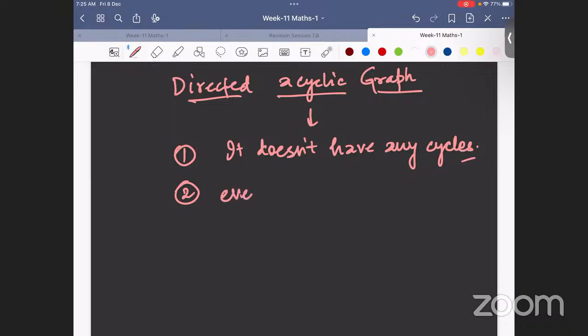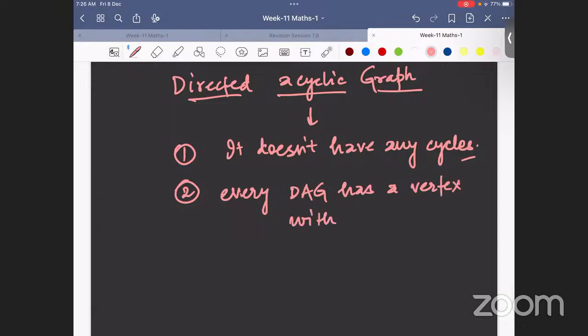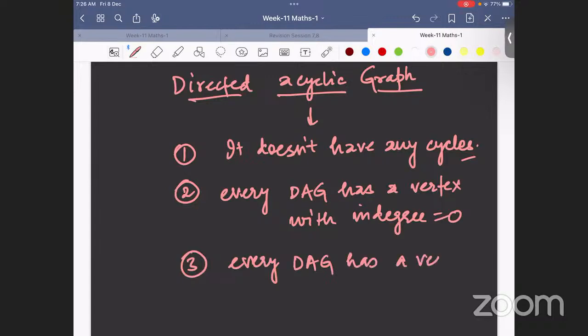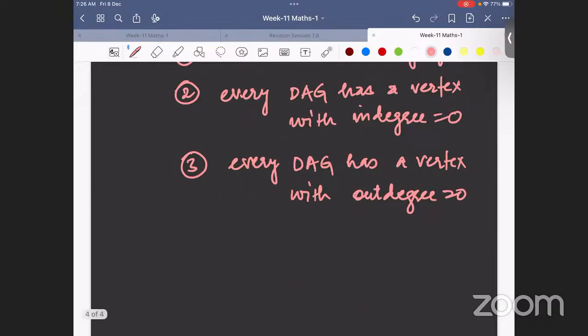So every DAG has a vertex with in-degree equal to 0. And the third is every directed acyclic graph has a vertex with out-degree equal to 0. Okay, these are some properties.